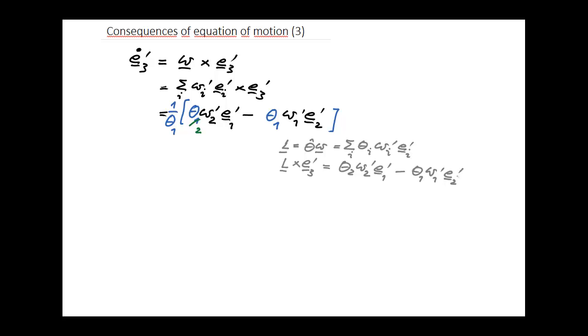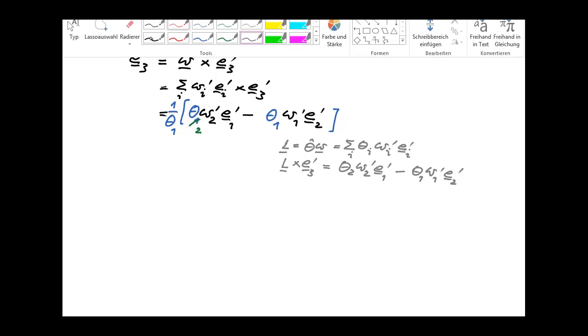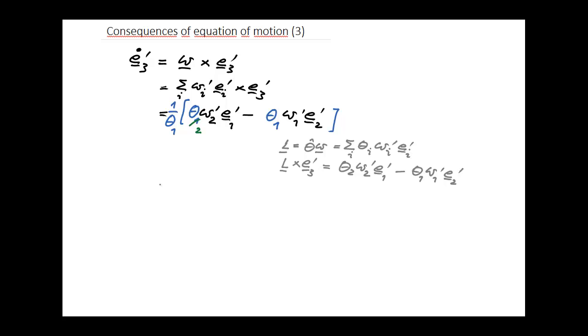And you see this is exactly what we have inside the square bracket. So in fact, what we have here is nothing but 1 over eigenvalue theta 1, and then we have angular momentum L vector product with e3 prime.